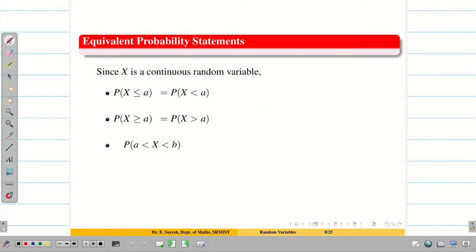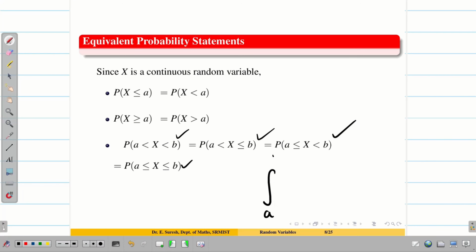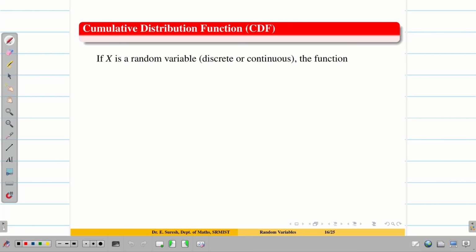In the similar way, if x lies between some values a and b, then for all the combinations of this inequality we are going to have the same answer. So we can easily see that for all these 4 probabilities, my answer is integral a to b f of x dx. Hope you understand.